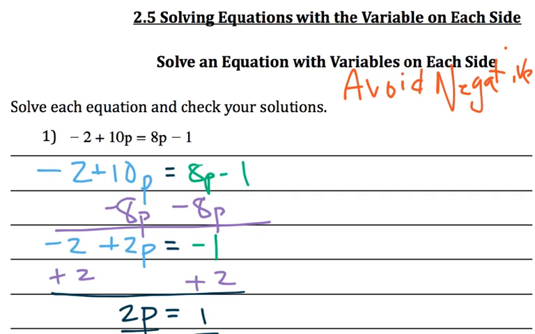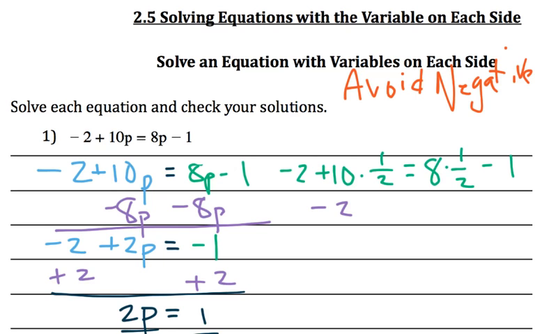Okay, now the check is way more involved. So now I'm going to plug 1/2 back in. Negative 2 plus 10. If you wanted to put this in parentheses, you can. I'll just write times 1/2 is equal to 8 times 1/2 minus 1. Now, the more and more you do this, you end up just doing this in your head, or maybe in your calculators you check these.